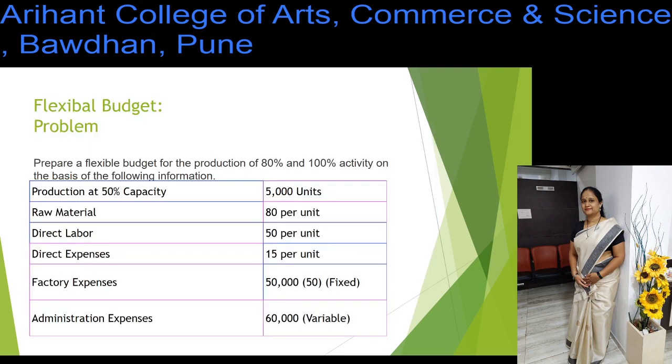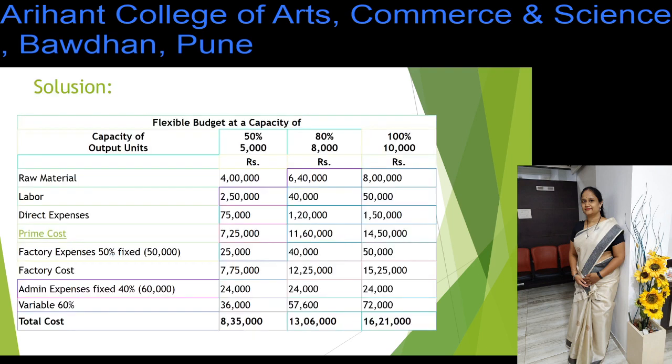Then for administration expenses, 60,000 for 5,000 units. Then 40% of 60,000 is fixed, that is 24,000 for all capacities, and 60% of 60,000, that is 36,000, is variable.